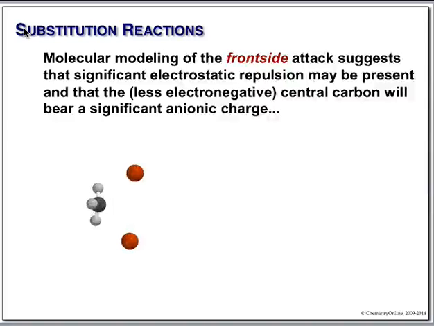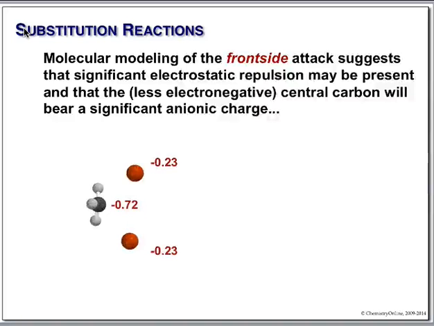What we do here, this is bromine attacking, bromine leaving. And here's our carbon that was formerly bromomethane. Our transition state would be like this, with this one coming in, this one leaving, both at the same time.